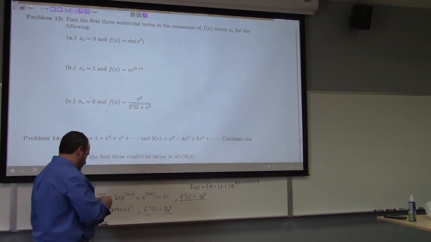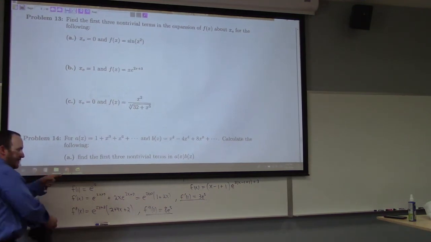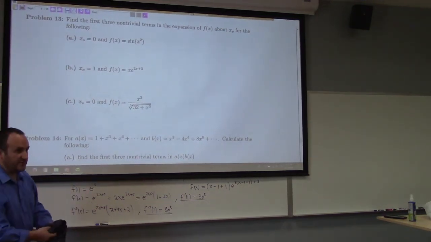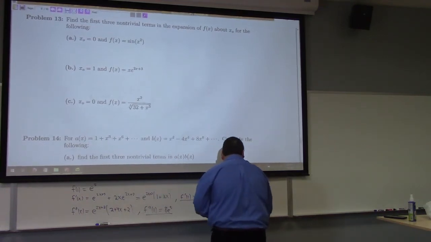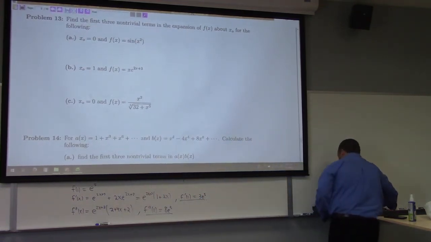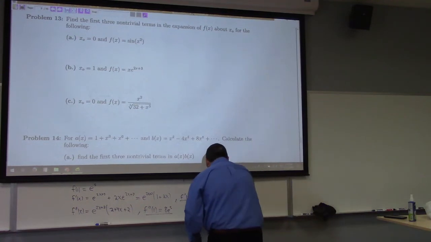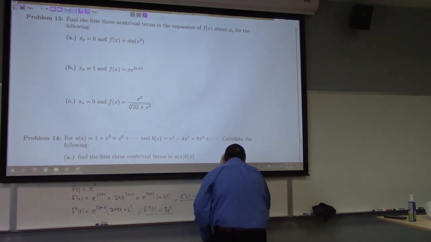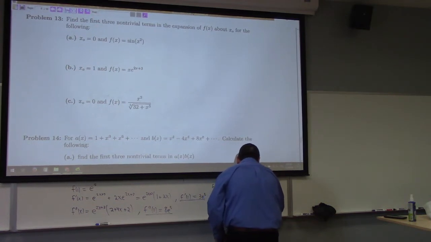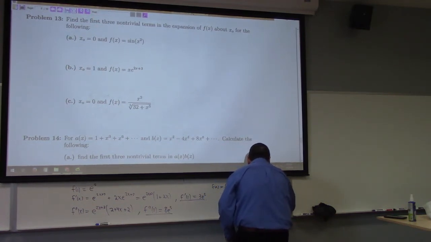Now that I have the value of the function at 1, the value of the derivative at 1, the second derivative at 1, those are all non-trivial, then I can use Taylor's theorem to find the first 3 non-trivial terms. Don't forget the half on f prime prime.